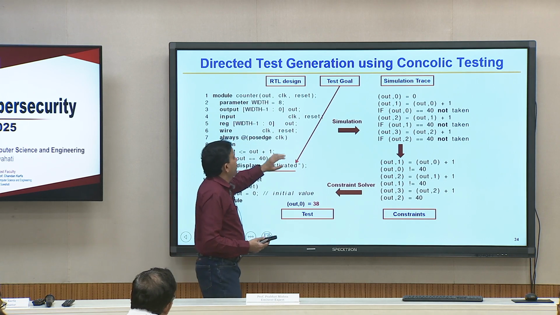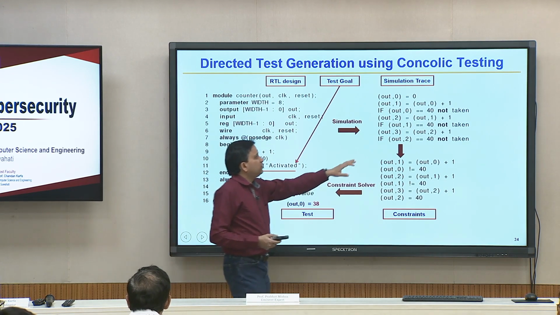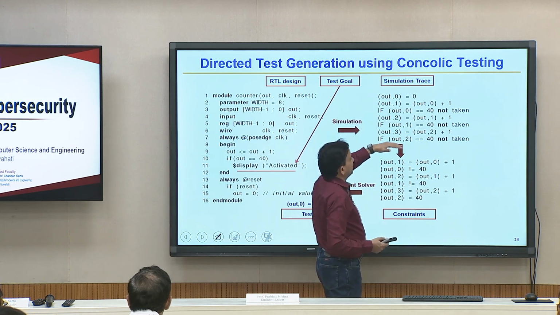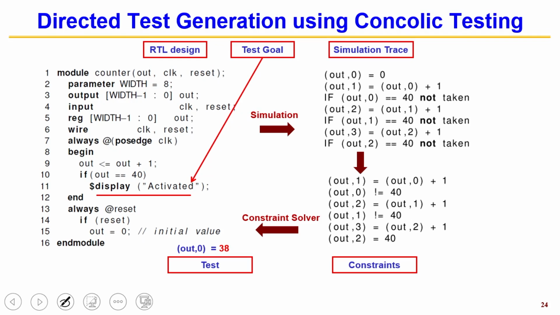Once you have that, you run any random test, it does not matter what test it is. It is going to produce output from those instrumented statements, showing where you have been, which branches you covered, and so on. Then from that printout you generate some constraints in a constraint solver format, and you try to figure out whether you activated that particular display line.